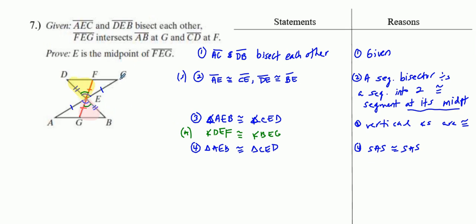So looking at these larger triangles, I can go through each pair of angles and figure out which pair of angles or sides in the larger triangles is also a pair of angles or sides in the yellow and the pink triangles. And I notice that angle D and angle B is what's going to help me with the smaller triangles. So we'll say those are congruent by CPCTC.